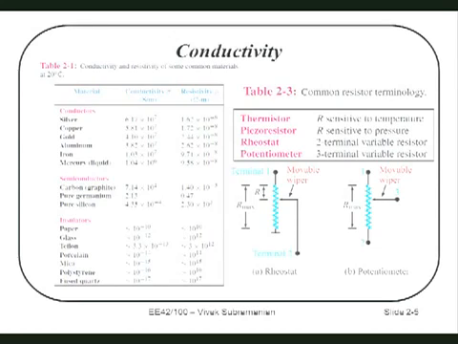A thermistor is a resistor that is specifically designed to have a resistance value that changes in a known way with temperature. We generally want it to be relatively linear, and you can make thermistors using materials where the resistance will change roughly linearly with temperature. The advantage then is you can use that as a sensing element in a digital thermometer. Okay, so that's one example.